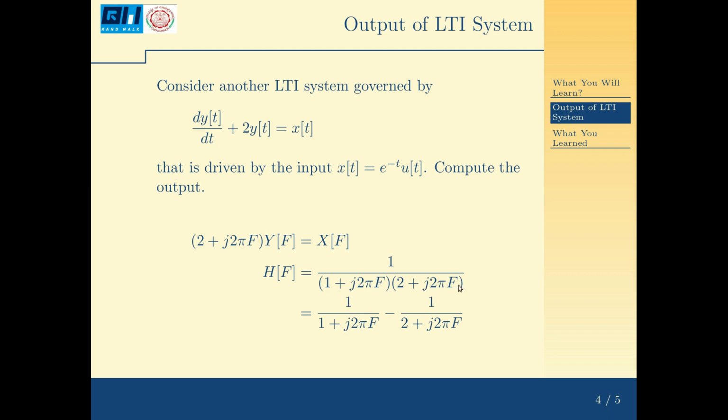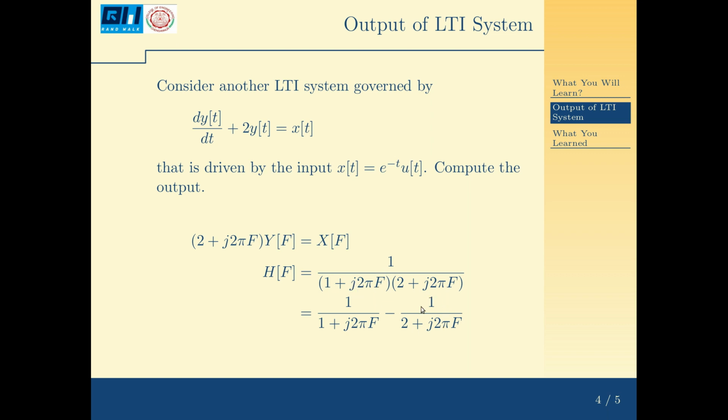And the pole for the term 2 plus j2πf is f equal to minus 2 by j2π. If I mask the second term and apply the pole f equal to minus 2 by j2π here, it becomes 1 by 1 minus 2, that's a minus 1.